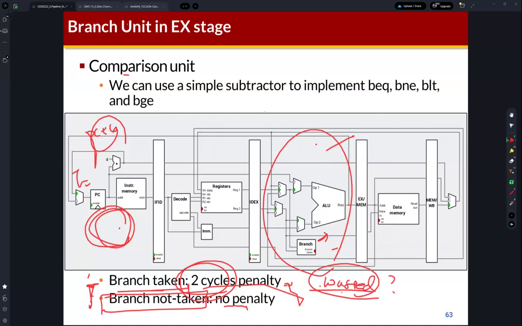I mentioned that because the branch is resolved late, more cycles are wasted by a taken branch, which means if we figure out the result of a branch instruction earlier, if we predict the result of the branch instruction earlier, then if the prediction hit rate is high, we can reduce the performance drops by branch instruction. Do you understand?